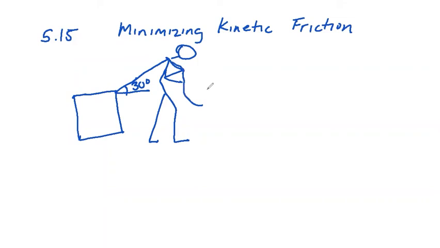And this is the crate. So this is what we've got, the force is here. Pull up on the rope at 30 degrees. How hard must you pull to keep it moving with constant velocity? Assume mu k equals 0.40.